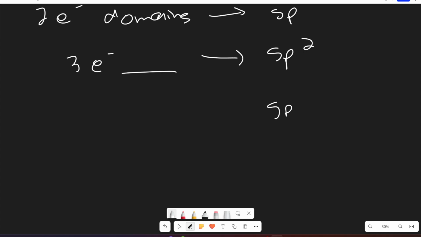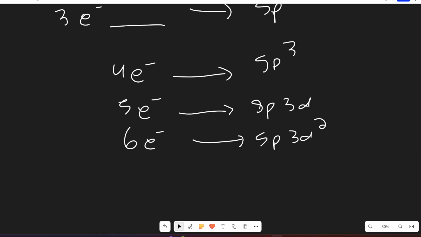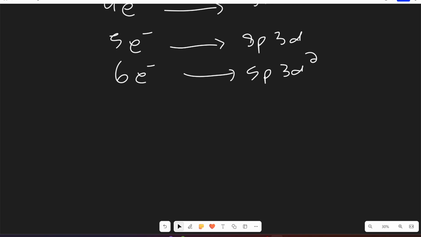Yeah, sp3. And then 5 will be sp3d hybridization. Then 6 will be sp3d2 hybridization. So essentially, this is all you really need to know for hybridization, is just based off of the electron domains, what is going to be our hybridization. So I just memorized those.